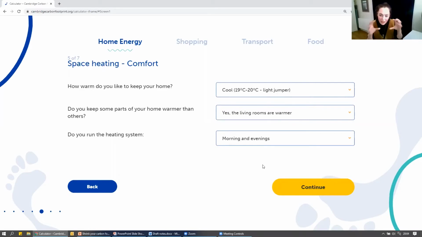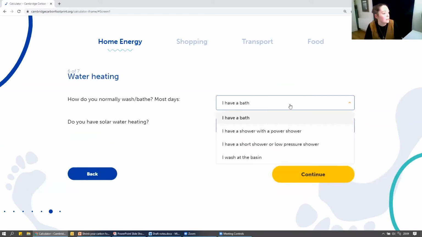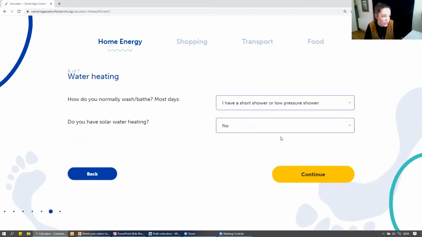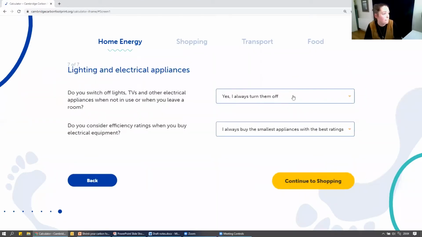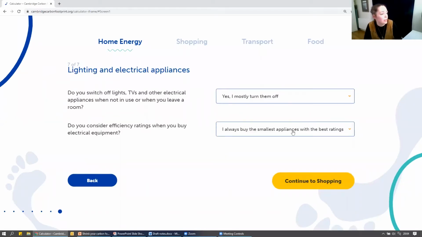But we have a rule, it does go off at least in the middle of the day for some time. So I have a short shower. We don't have any solar water heating. I'm going to whip through some of these fairly quickly now. We do turn off the lights, mostly. We do check the energy efficiency ratings, amongst other things.